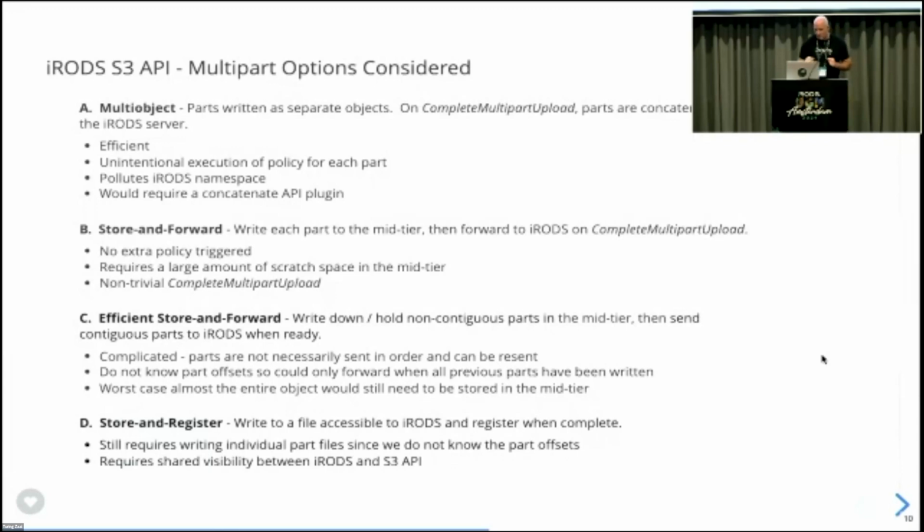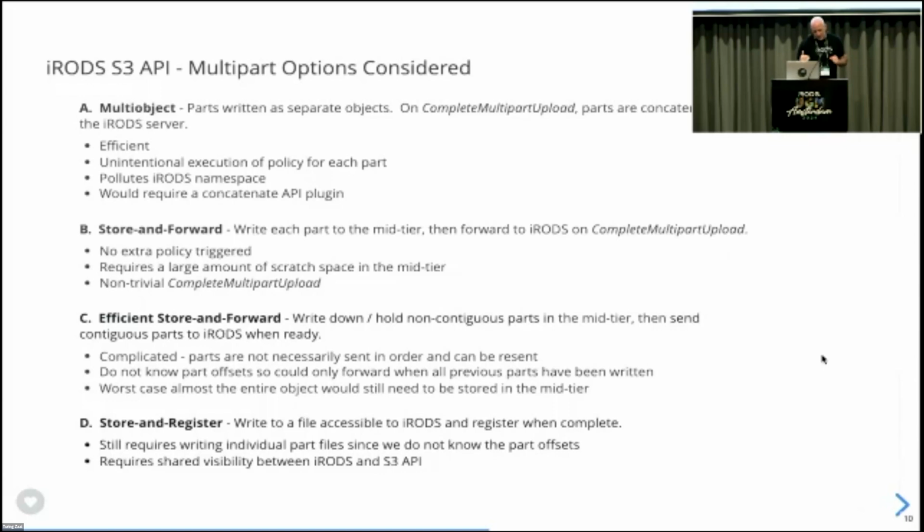The problem with implementing multipart is we don't know where to seek to, because in multipart, each part is given a part size and a part number. Each part can be a different size. So if I'm part 10, I don't know where I'm seeking to.